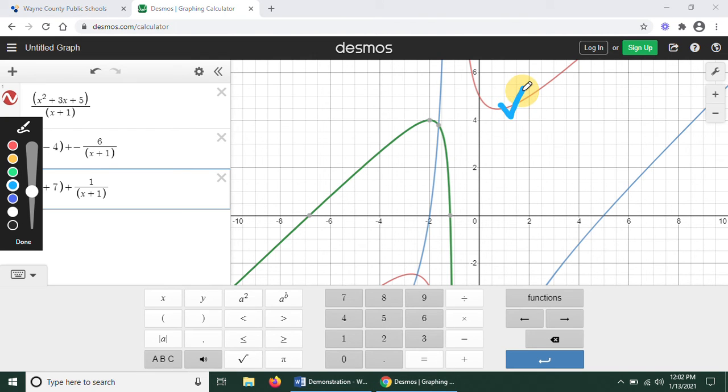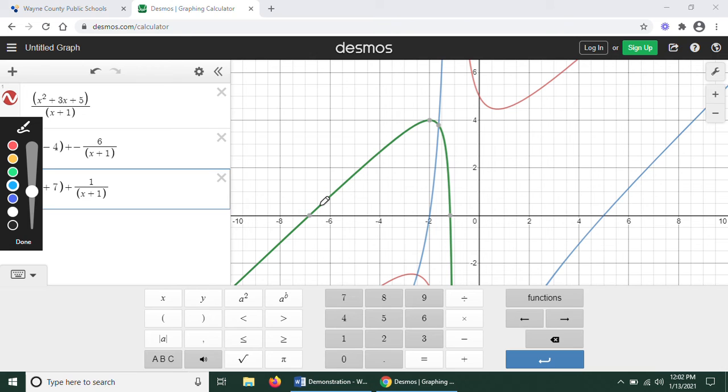The graph that is in red is for the original division problem, all right? And the expression that I just typed gives me the graph that is in green, all right?